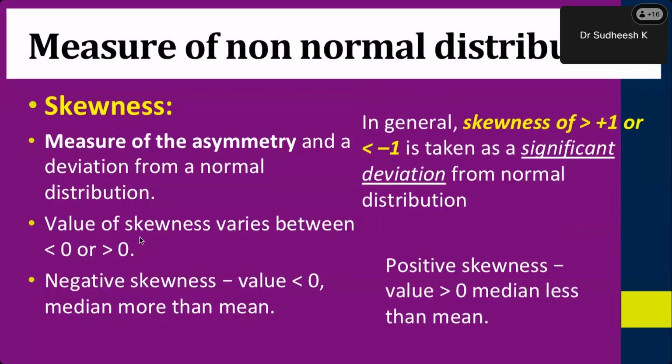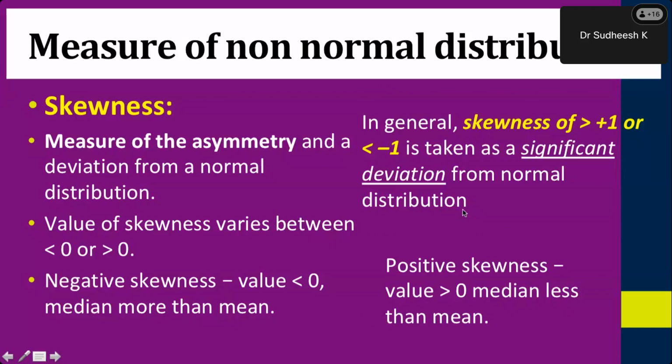In general, a skewness of more than +1 or less than -1 is taken as significant deviation from normal distribution, and it indicates that the data is not normally distributed. So this is the take home message. A skewness of more than +1 or less than -1 is considered as non-normal distribution.